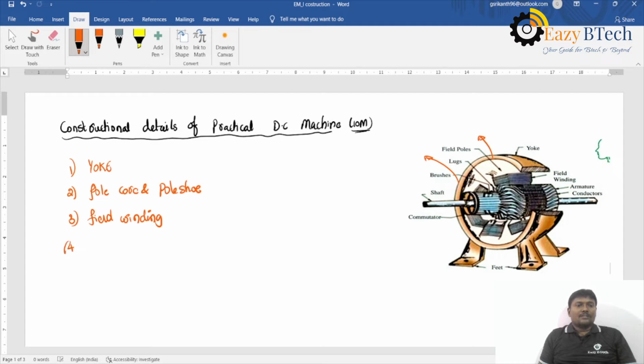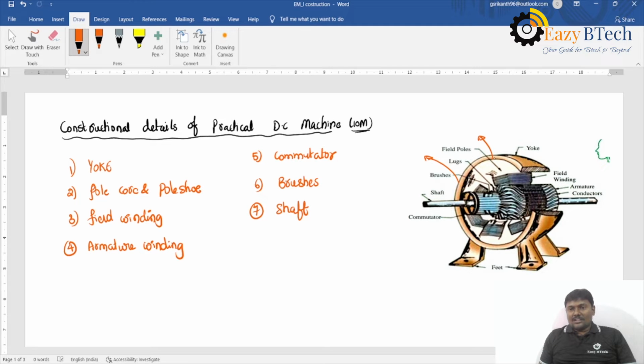The fourth, a very important one, is the armature winding. The fifth is the commutator. The sixth is the brushes. And the seventh is the shaft.